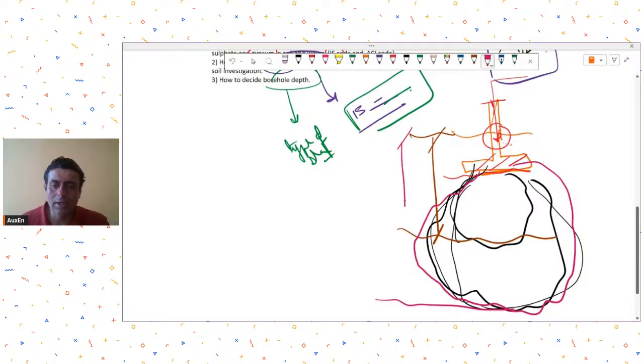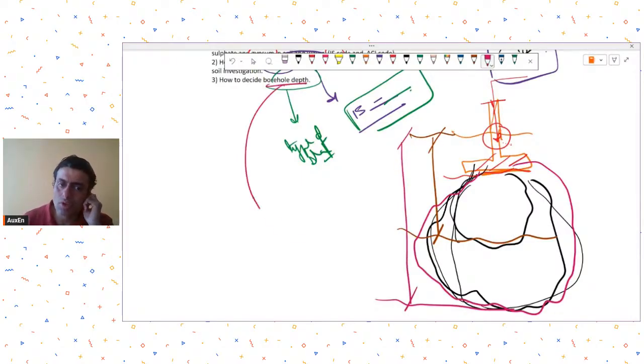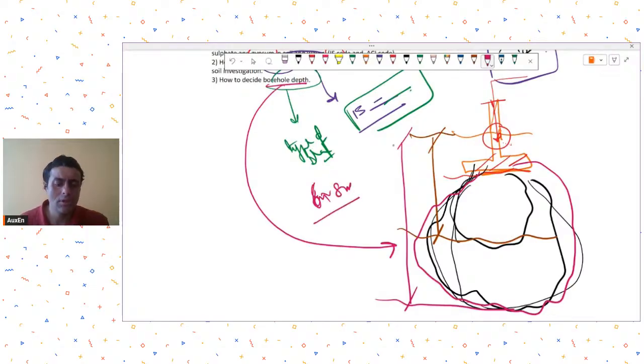So how much depth your borehole should be is usually decided by the expected column loads. Generally, I have seen that around 6 to 8 meters is what the geotechnical consultant tries to take for normal structures.